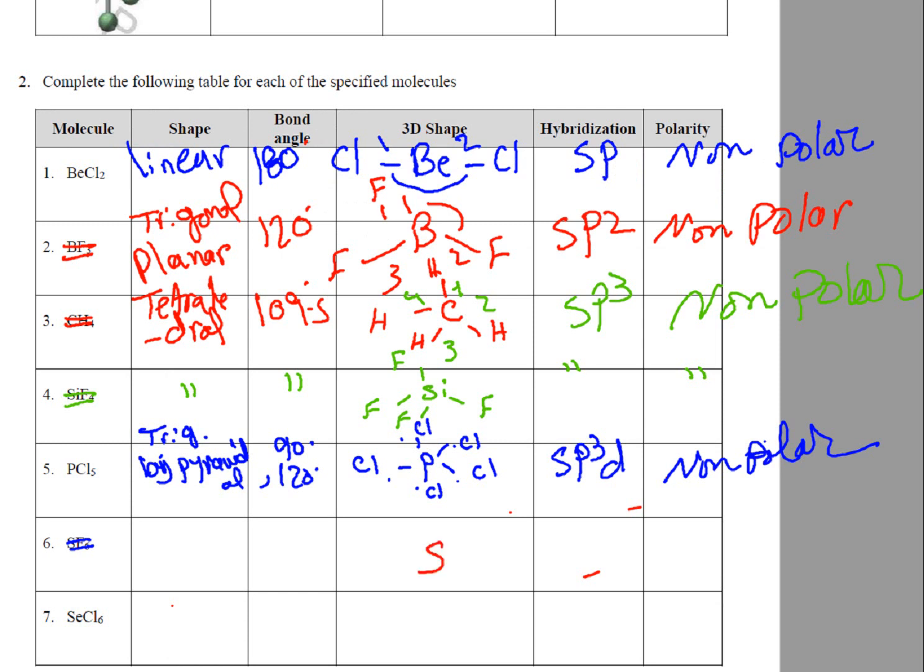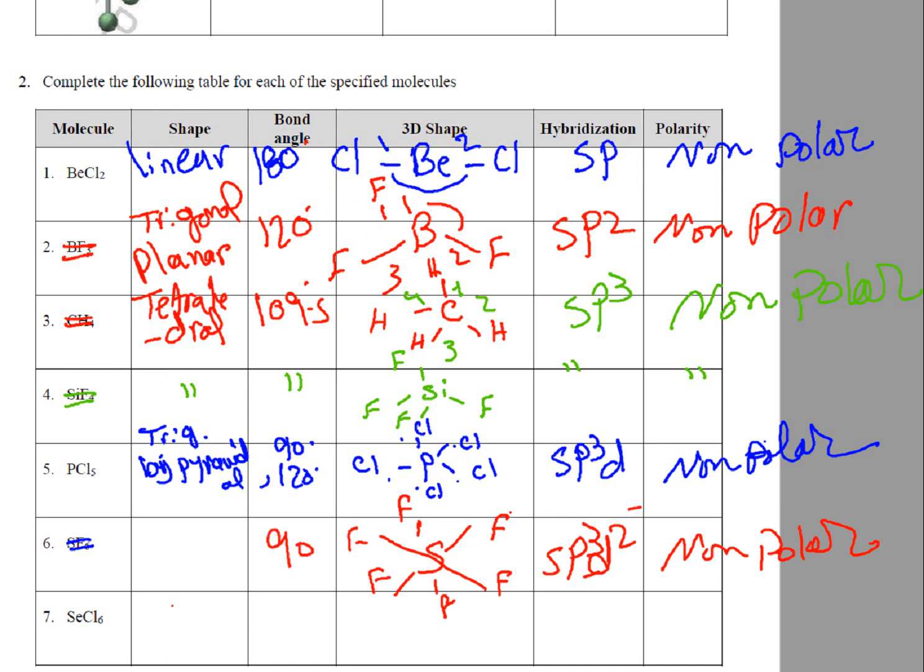So S is surrounded with 6 F. The hybridization is sp3d2, and it will be nonpolar because the dipoles will cancel out, or no net dipole.